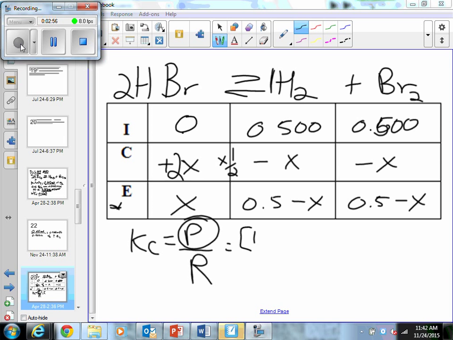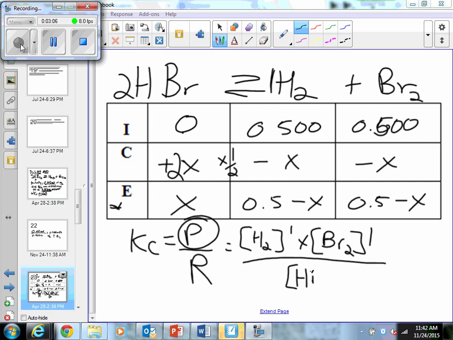Those are both to the power of 1, divided by HBr to the power of 2. So this is my equilibrium expression.